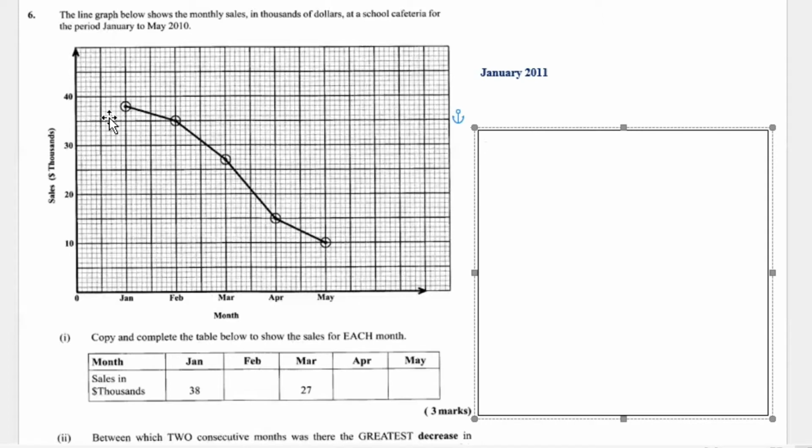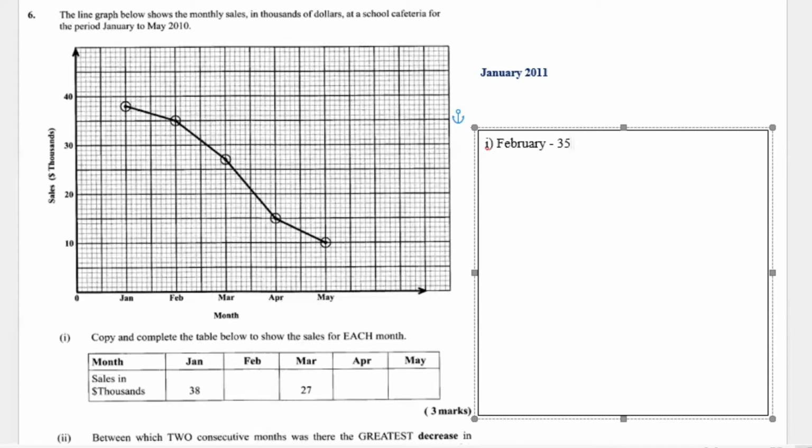So the middle line in between the 1 centimeter mark between each unit would be 5,000. So that would be 35,000. So 30,000 plus 5,000 there. So February, this is part 1. February, you would write 35.